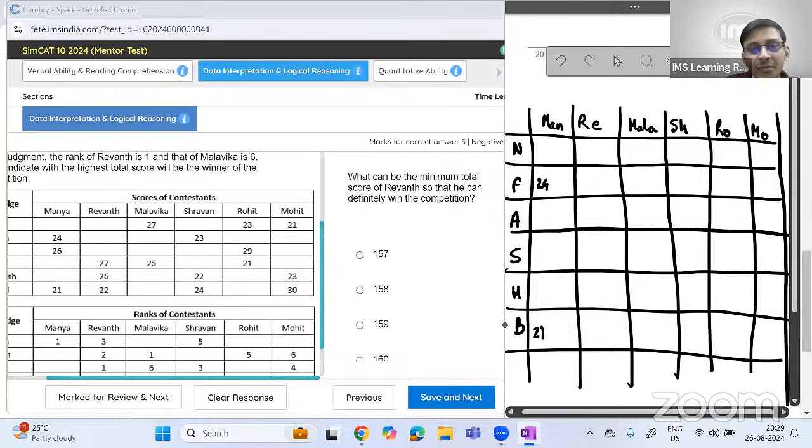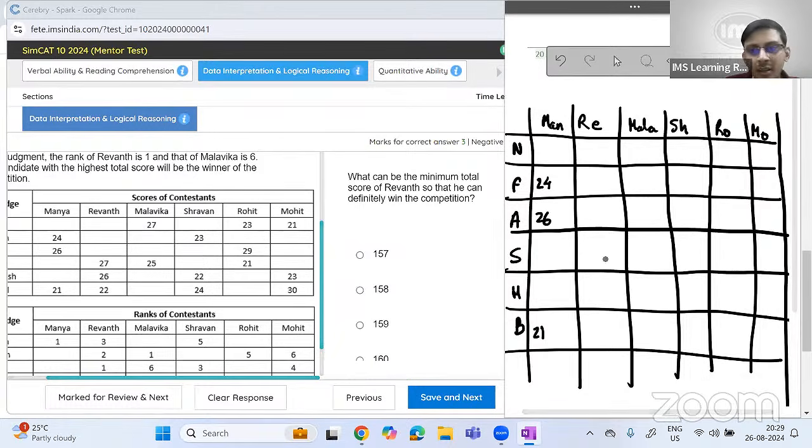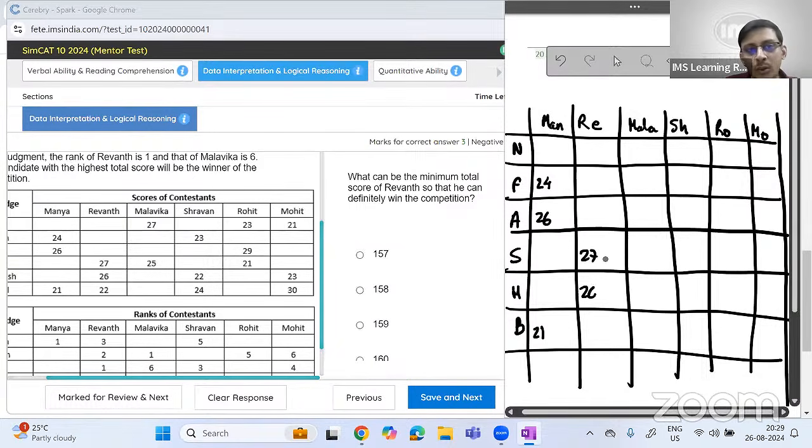In case I need more space, okay, I'm just writing it smaller, 24, 26, 21, 27, 26, 22, 27 and 25, 23, 22, 24.